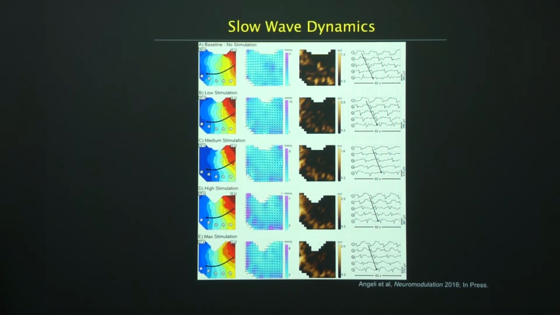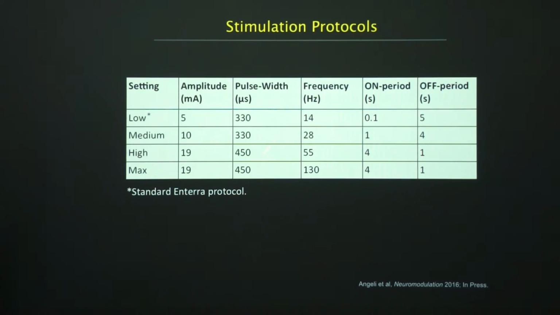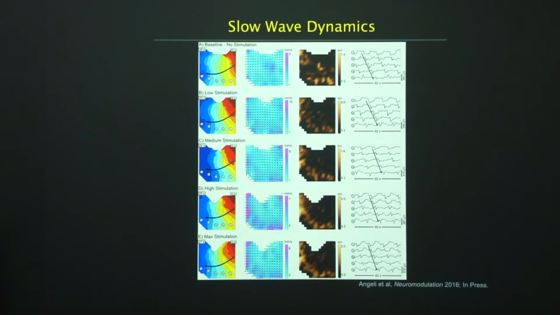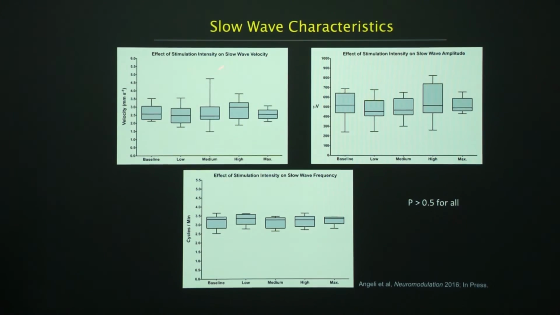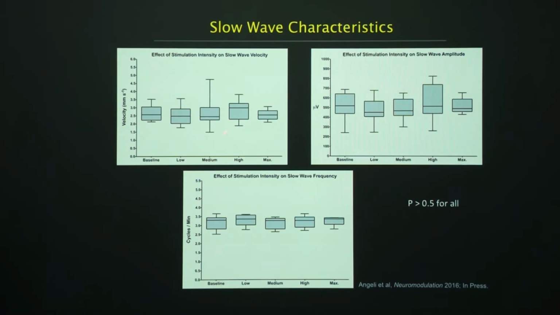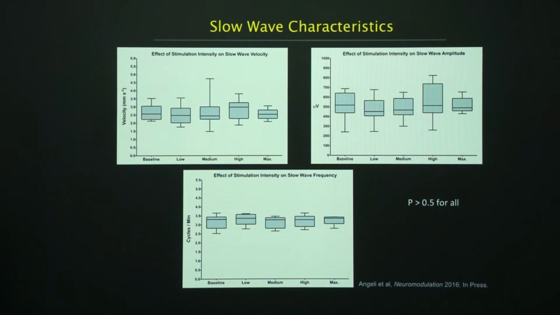Those 4 stimulation settings were on the previous slide, with increasing frequency, increasing amplitude, and increasing pulse width. So again, there were no changes to propagation pattern. There were also no changes to our slow wave quantitative metrics in terms of slow wave velocity, amplitude, or frequency between our baseline recording and any of the stimulation settings, or between any of the individual stimulation settings themselves.